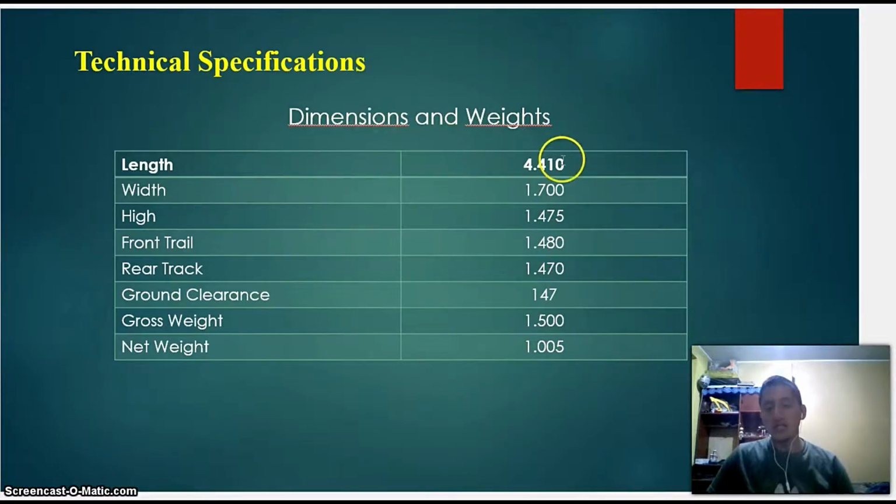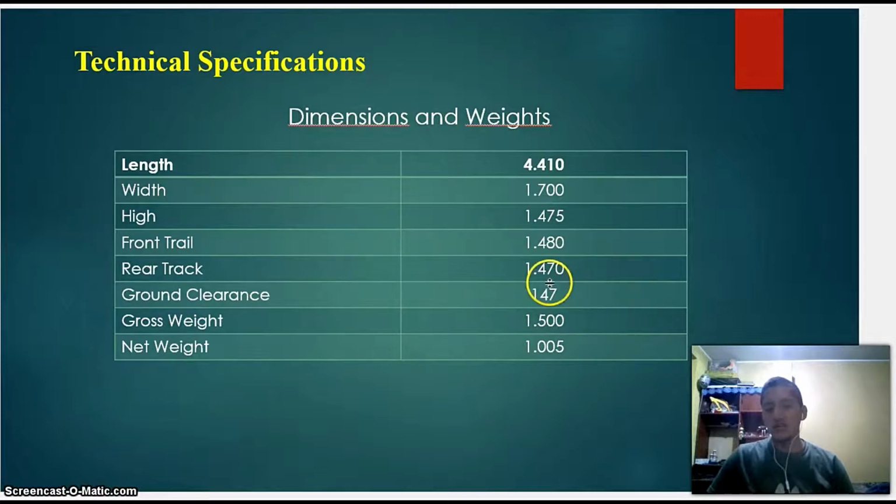The length is 4.410 meters. The width is 1.700 meters. The height is 1.475 meters. The front track is 1.418.